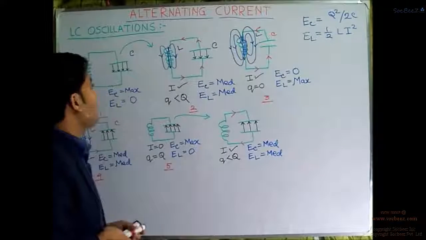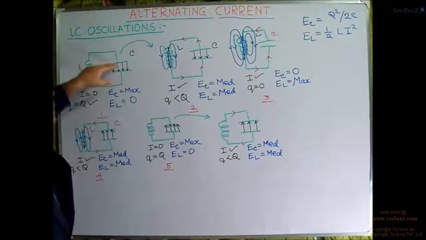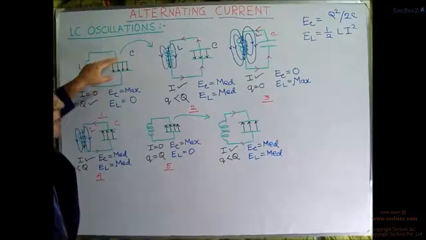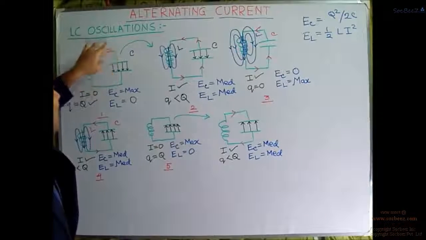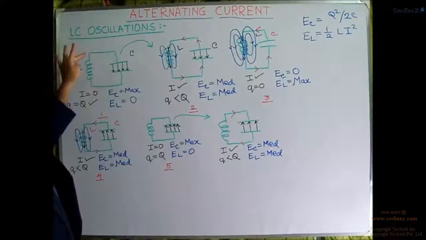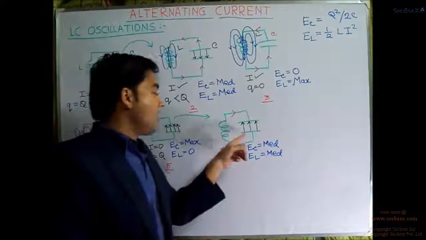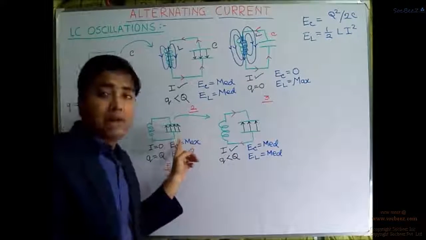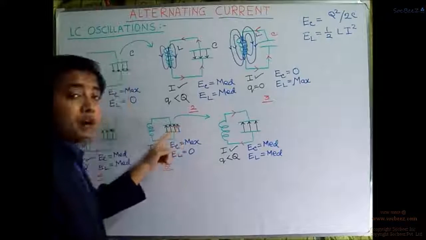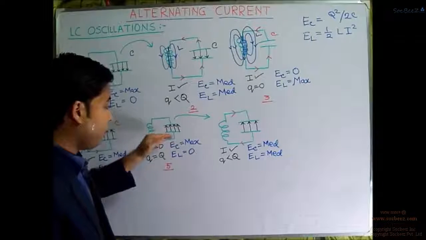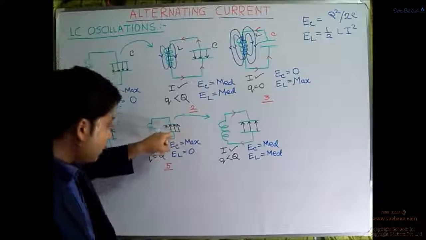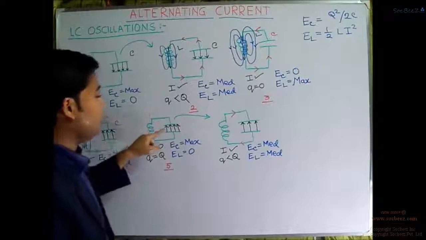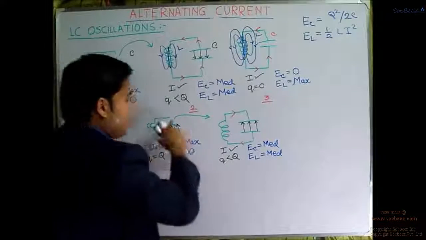Why? Because over here we have seen that the charge is present on the upper plate, so the current has started flowing from the upper plate. Now the charges are actually present in the lower plate, so the current will start to flow from this lower plate, like this over here, in the clockwise direction.